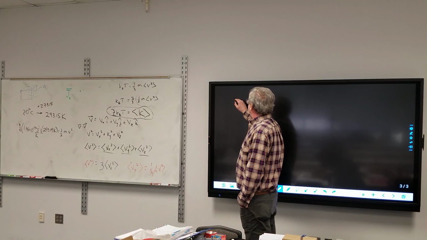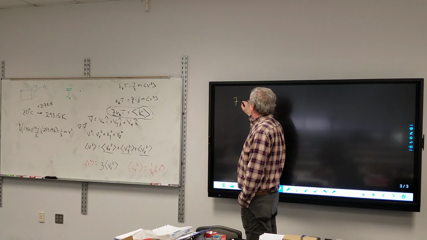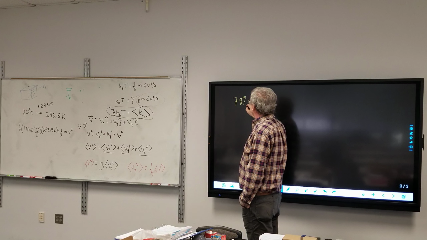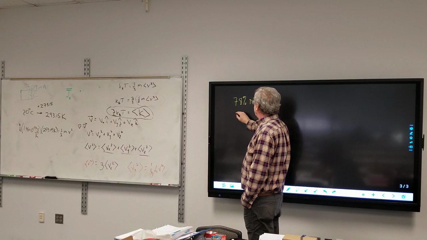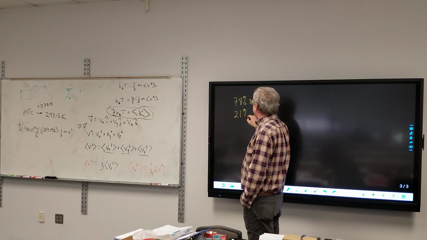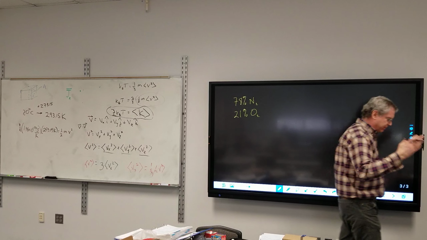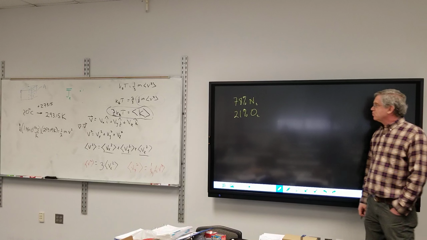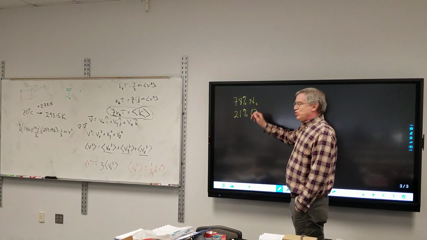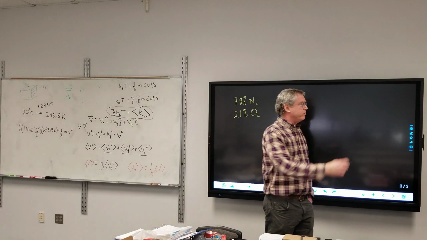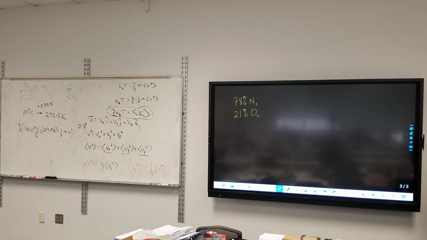So we are roughly 78% nitrogen N2 and 21% O2. It's only 99%, but the rest of it I'm not gonna worry about. This is N2, I have 2 nitrogen atoms. We go over to the periodic table, and I see 14.00674.